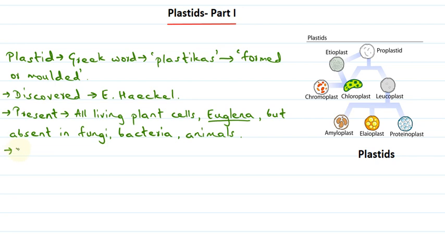Plastids are small bodies found free in the cytoplasm, often more or less spherical or disc shaped.